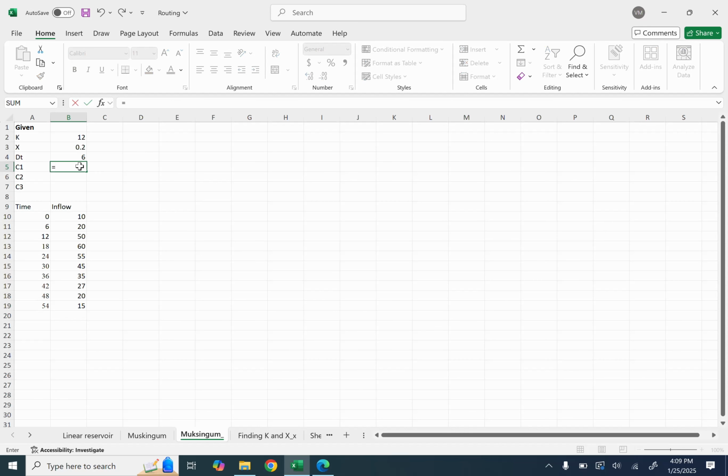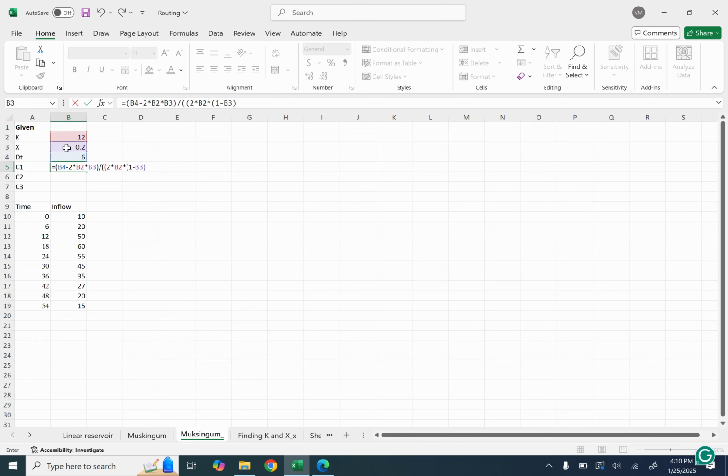So this is going to be equal to, I will use parentheses, delta T minus 2kx, 2 times k times x, and then divided by, I will use parentheses again, 2k, 2 times k times 1 minus x.